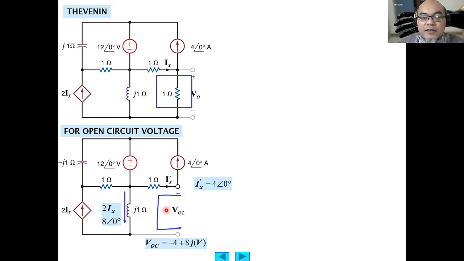Since Ix is towards the right, and we calculate using the VOC loop counterclockwise, the voltage across this 1 ohm equals minus Ix times 1, which is minus 4 here. Then plus this 2Ix or 8, plus J1, or 8j volt. This is the V open circuit.